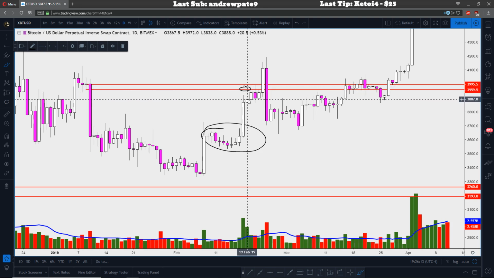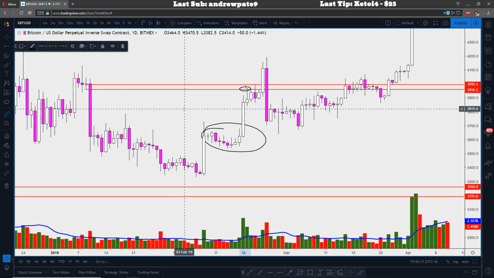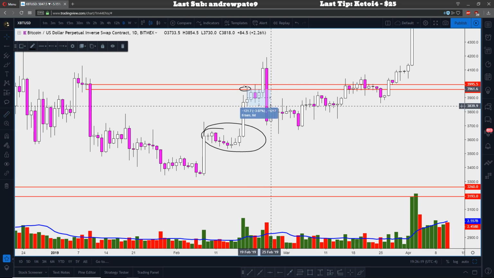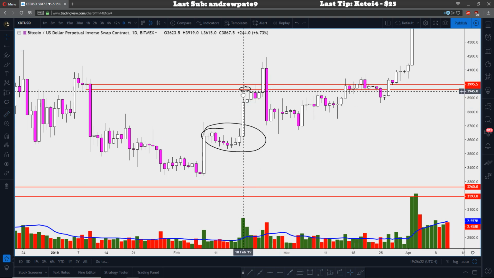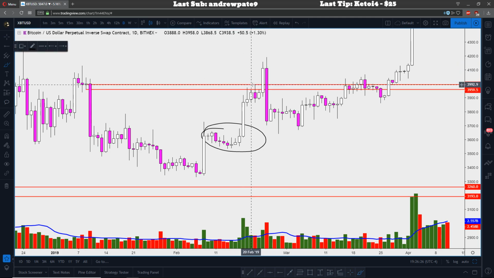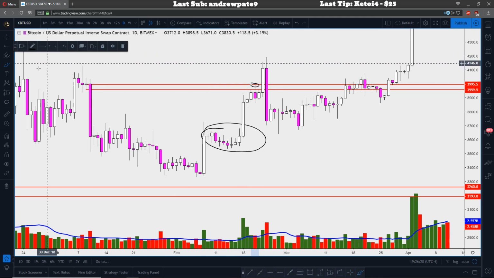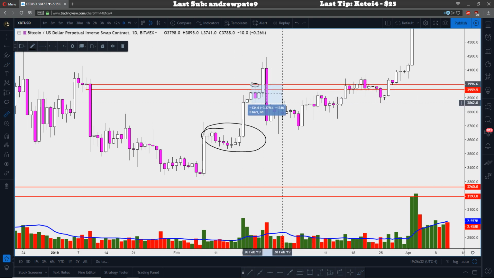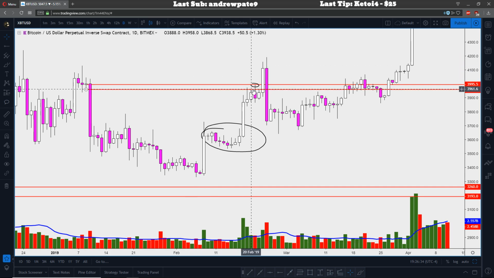Hopefully you would have closed on the way down. That would have given you a pretty decent percentage, about a 3% move down. You have another entry on this upper wick here. That would have given you about another 3.5% move down.